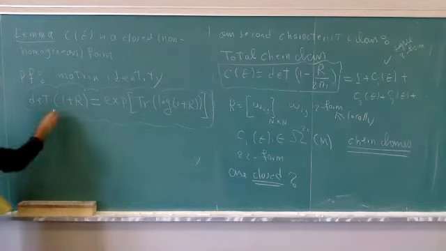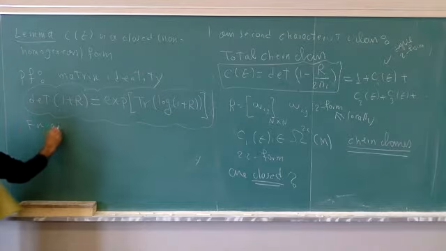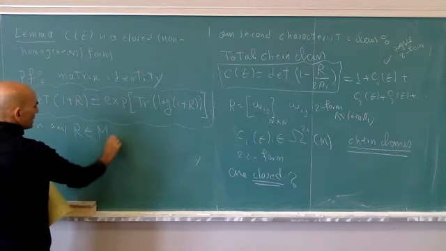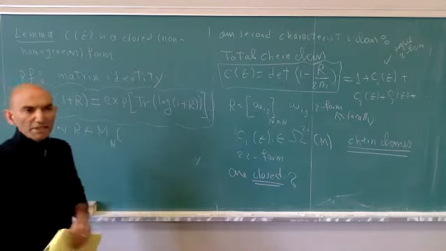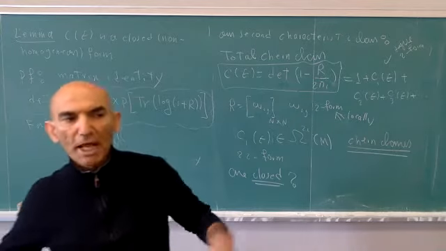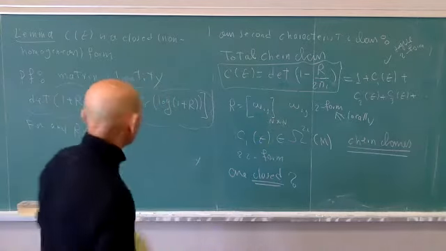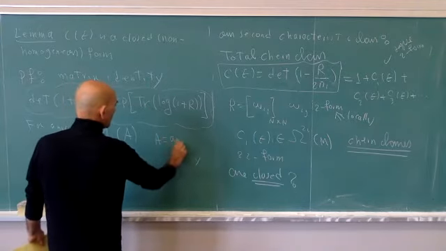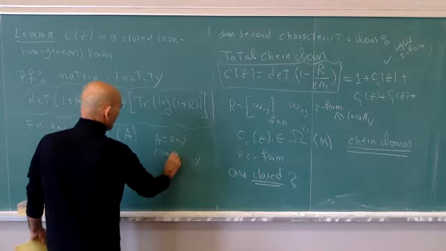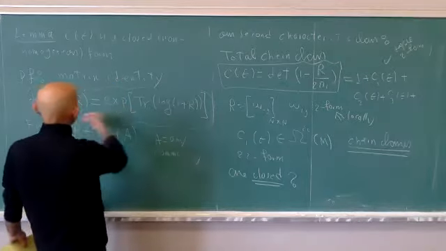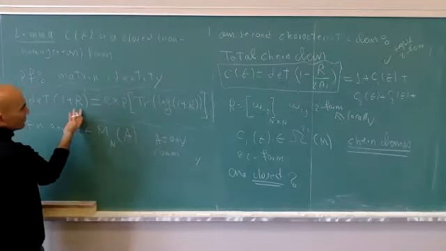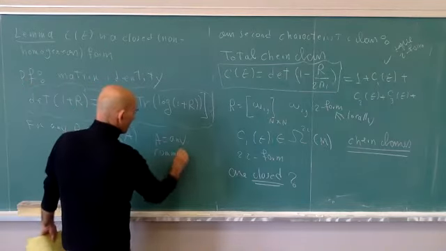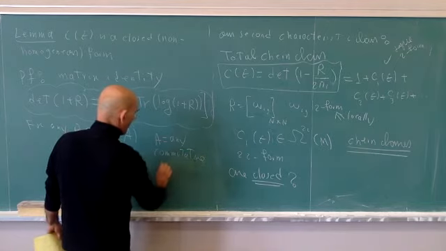This is for any R belonging to n by n matrices. Actually, the entries of the matrix could be from any commutative ring. Commutative is important, otherwise we cannot take the determinant of a matrix with elements from a non-commutative ring.